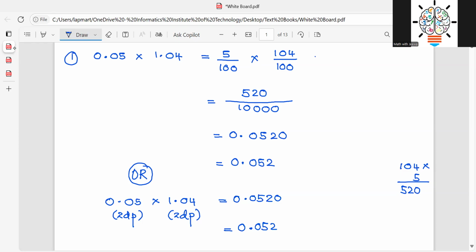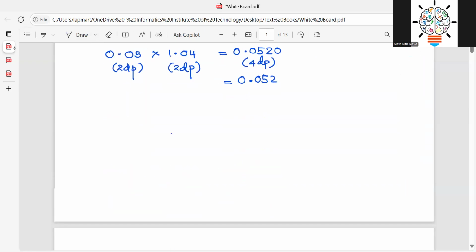In the answer, there should be 4 decimal places, therefore I arrange 520 with 4 decimal places, 0.0520. There's no point in keeping the last digit 0, therefore I just write 0.052. Hope it is clear, right?